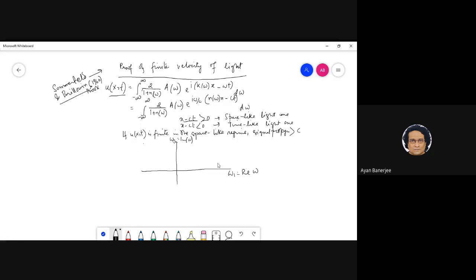Omega, of course, goes over every frequency, so there is a contour which goes like this, from minus infinity to plus infinity, and we go along the contour in this fashion. This C is my contour, and this is the real axis, going from minus infinity to infinity.